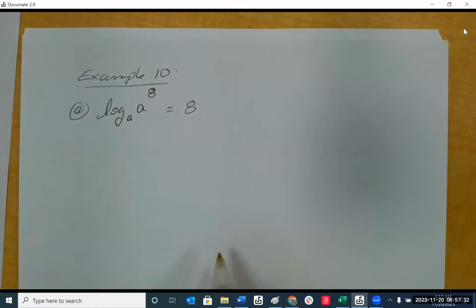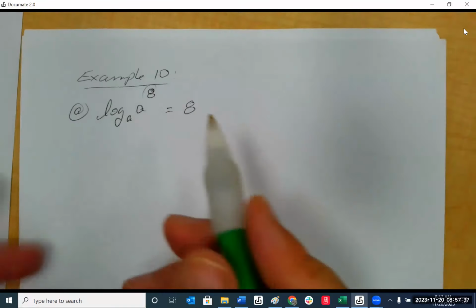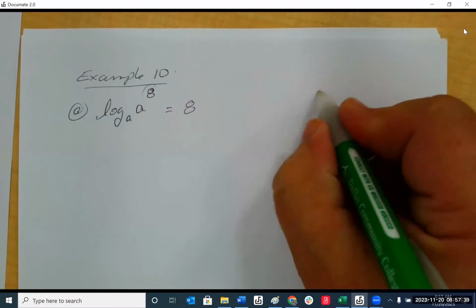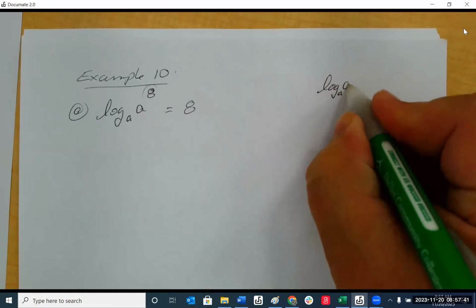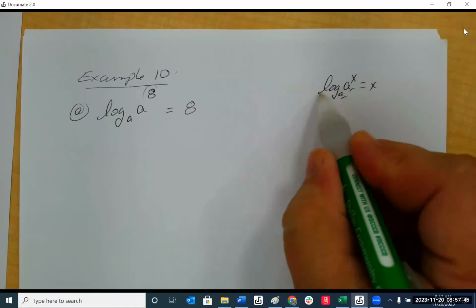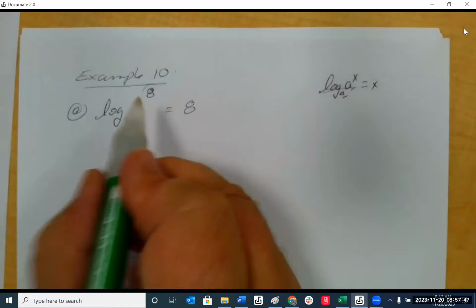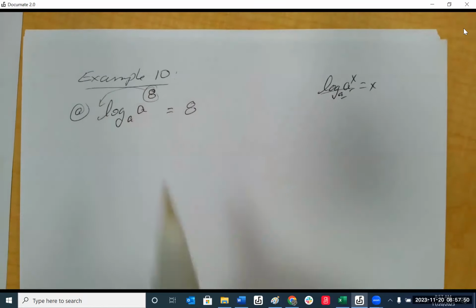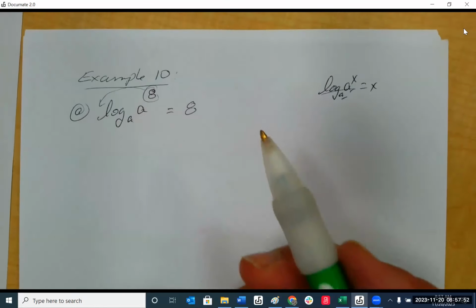Very good. Because remember, besides there being a rule that says log base a of a to the power x is x, if the bases are the same, they cancel. What happens is this 8 goes out in front. Log base a of a is 1, so it's just 8.